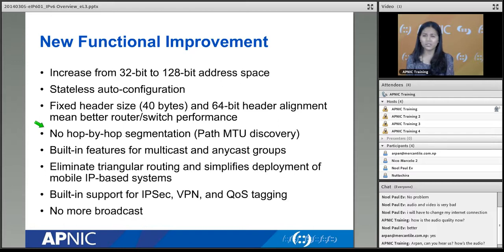If you're sending a packet, a message, from router A to router D, and it has to pass through two other routers, maybe router B and router C, each of those links will have an MTU. Maybe it's 1500, it can be more, it can be less. Think of it as bandwidth, the size of the packet that is allowed to go through that link.